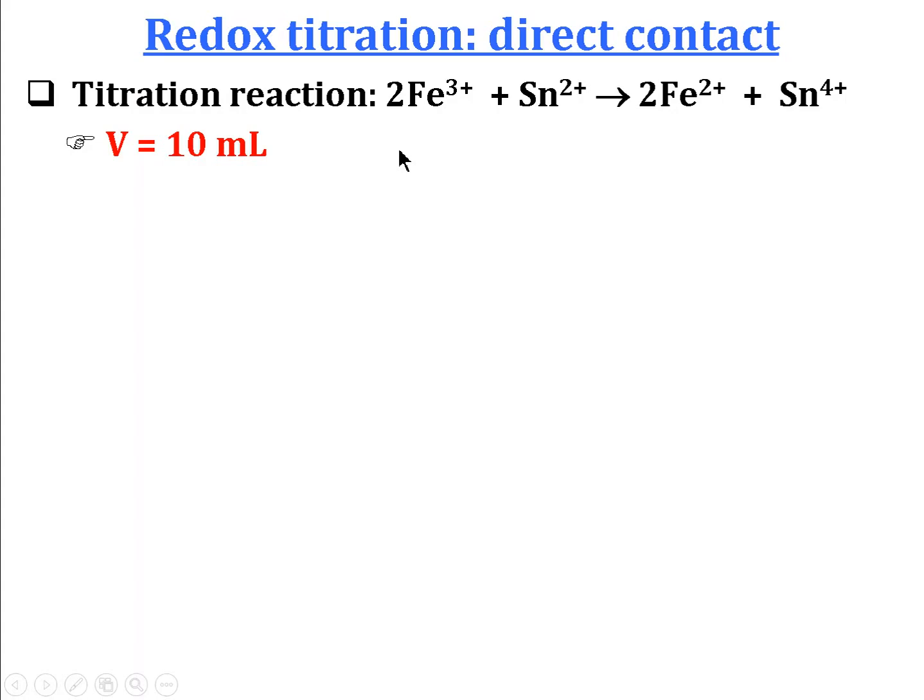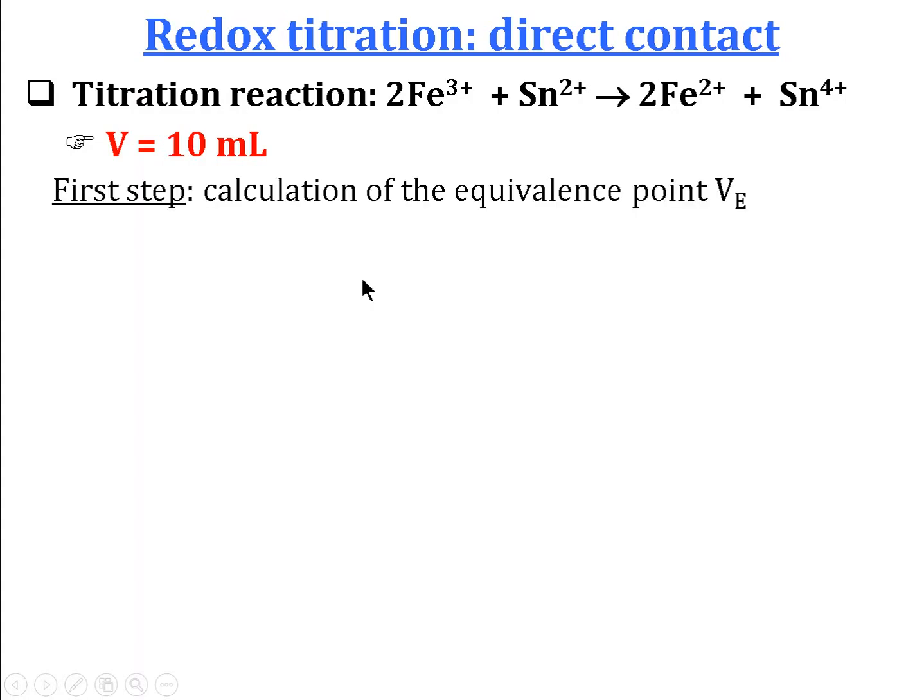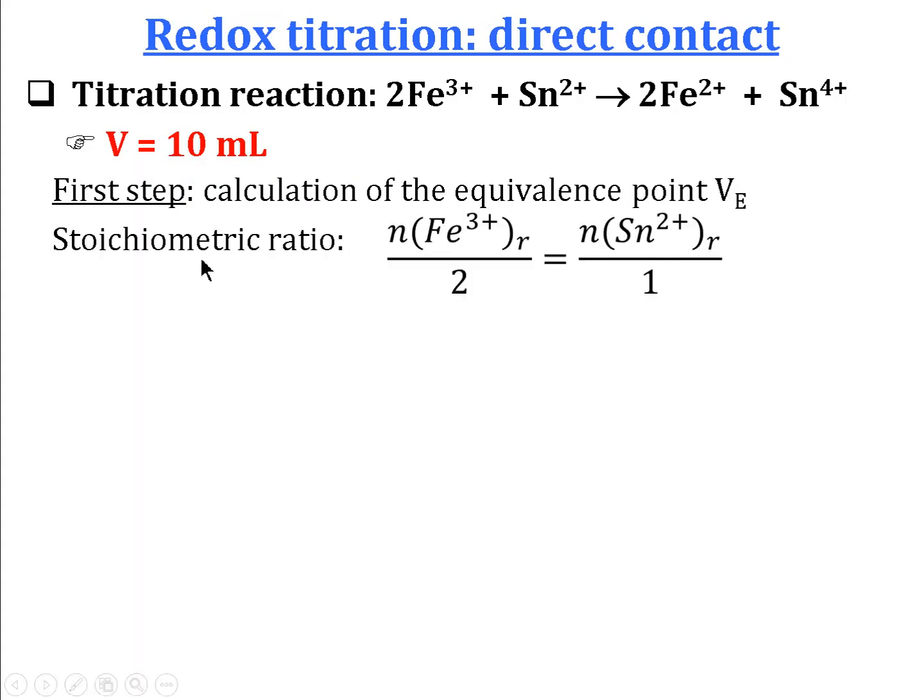In any titration problem, the first step is the calculation of the equivalence point VE. According to the stoichiometric ratio of this reaction, the number of moles of Fe3+ reacted divided by 2 equal number of moles of Sn2+ reacted divided by 1.